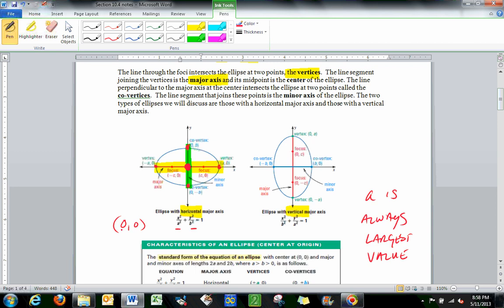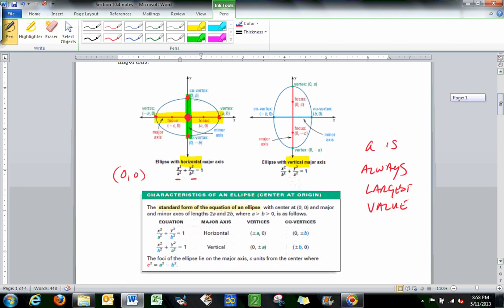Now, if we know that the A value is always representing our vertices and it's always representing our largest value, it's very easy to tell which axis is the major axis. So you can see in this first one, we have a horizontal major axis.